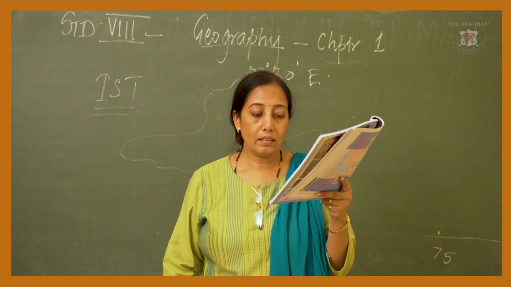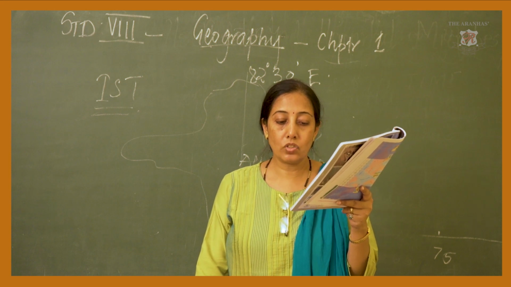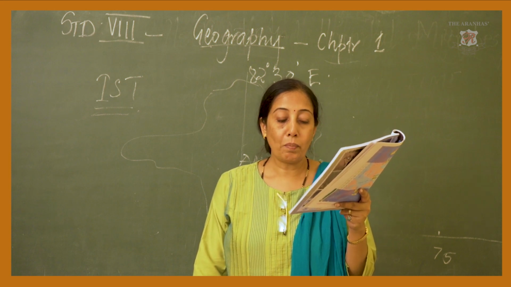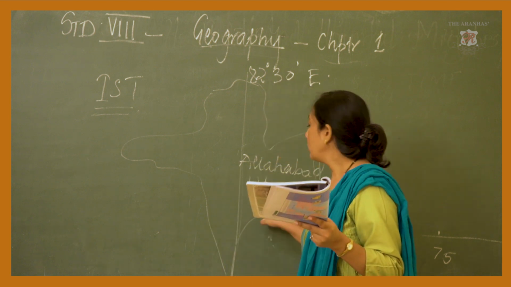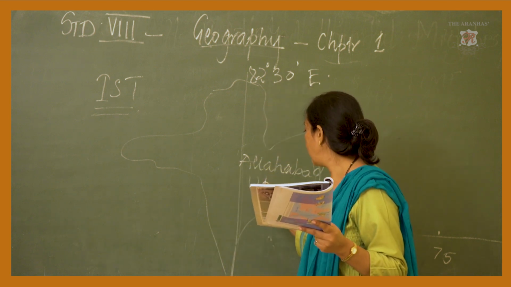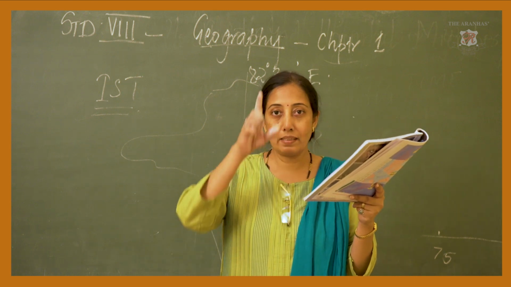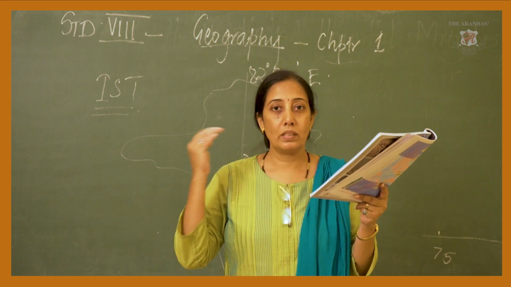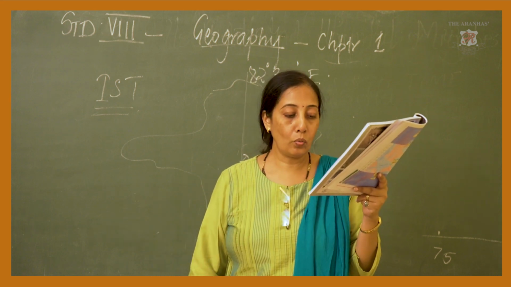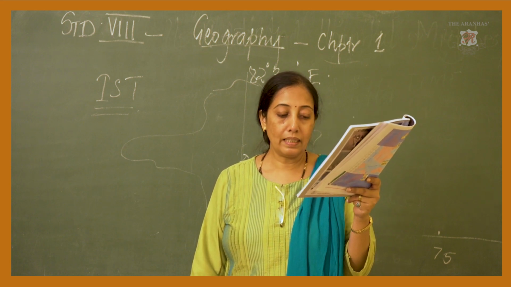Now, the Indian Standard Time has been decided according to the 82°30' east longitude, which passes through Mirzapur near Allahabad in Uttar Pradesh state. This longitude passes exactly in the middle of the country. Half of your country is towards the east and half is towards the west. Then, with reference to its longitudinal extent.